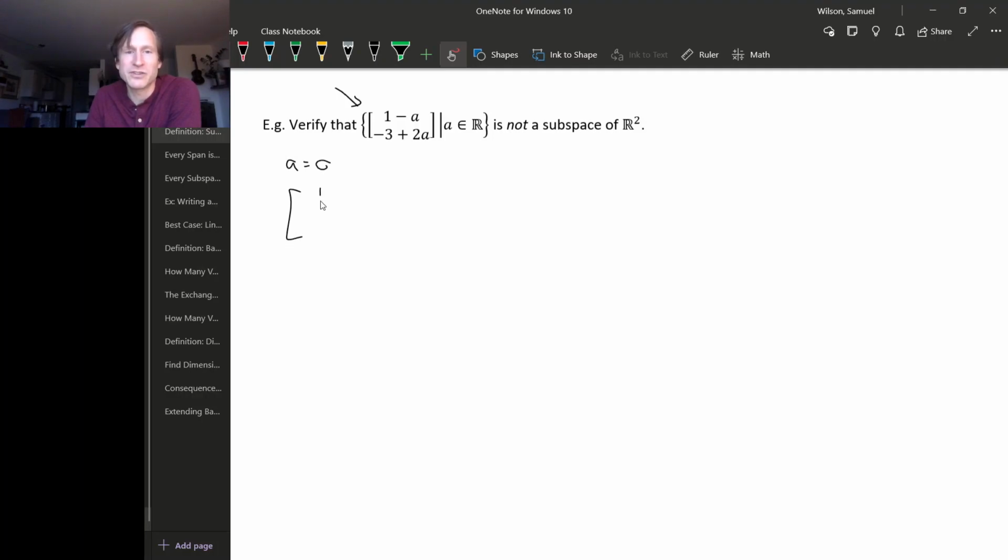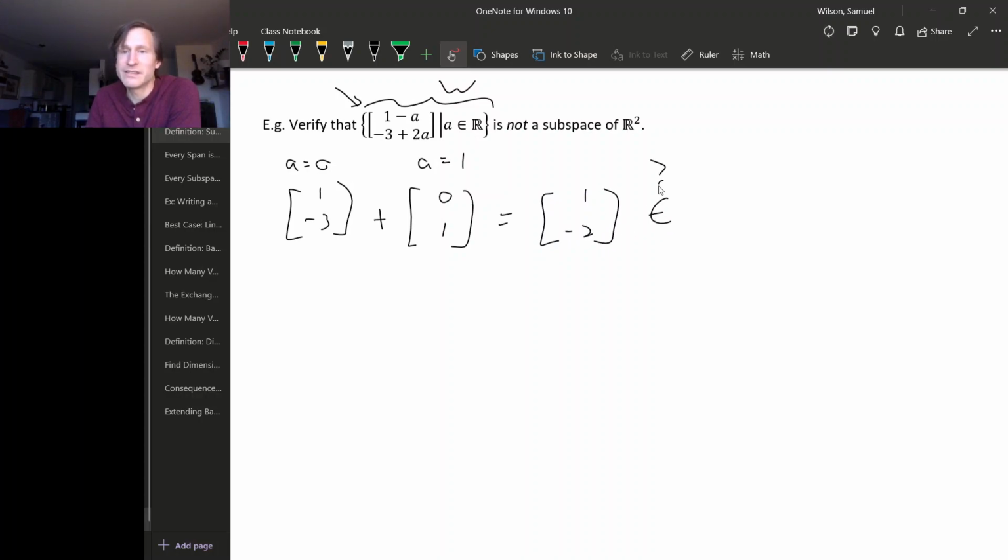That would give us the vector 1, minus 3. And then if we chose a equals 1, that would give us the vector 0, 1. So let's add these together and see if we're still in this collection. So let's call this W. So when we add these together, we get 1, minus 2. Is this in W?